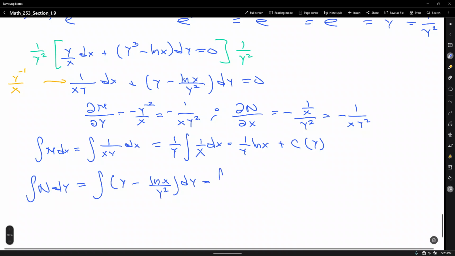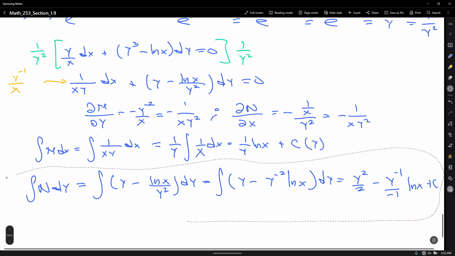We cannot do it while it's down here, all right? So that's y minus, let me do simply y to the negative 2 ln of x dy. So the integral of y, that's y squared over 2. Minus y to the negative 1 over negative 1 ln of x plus some constant that's really a function of the other variable we actually held constant.